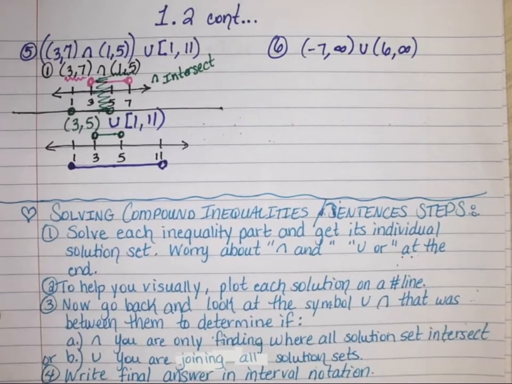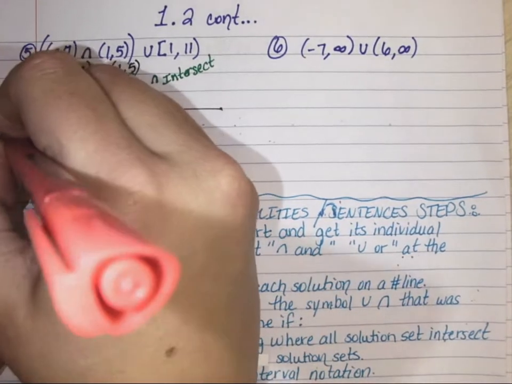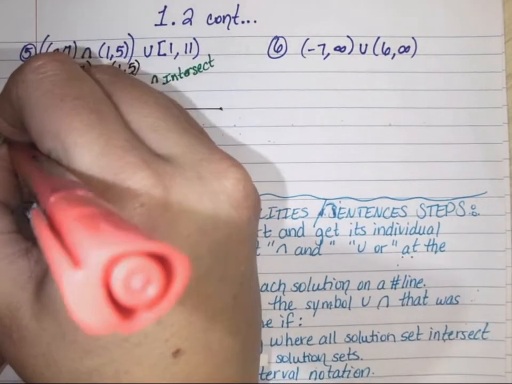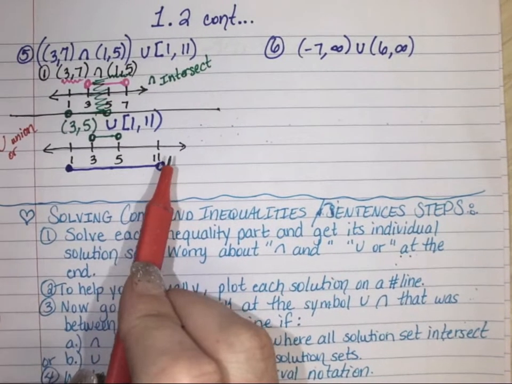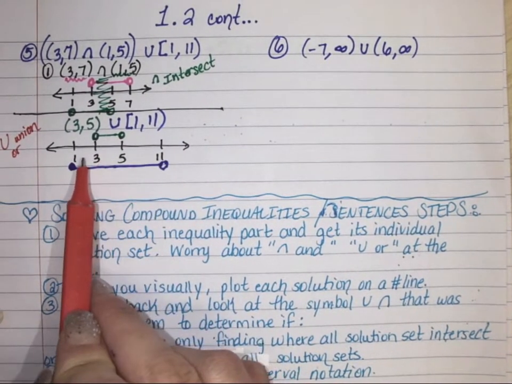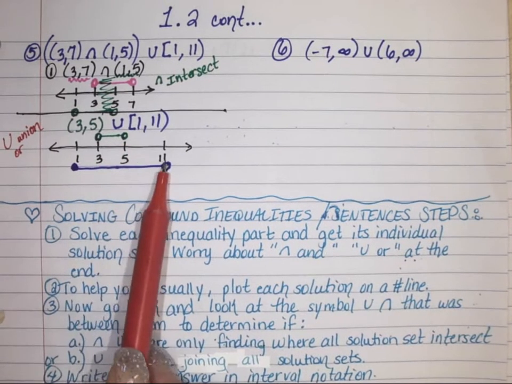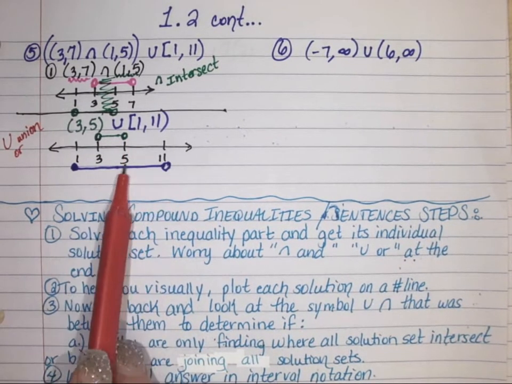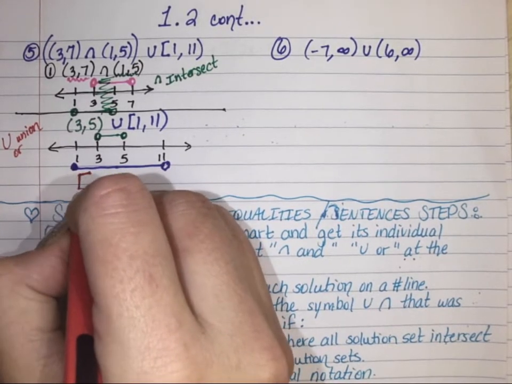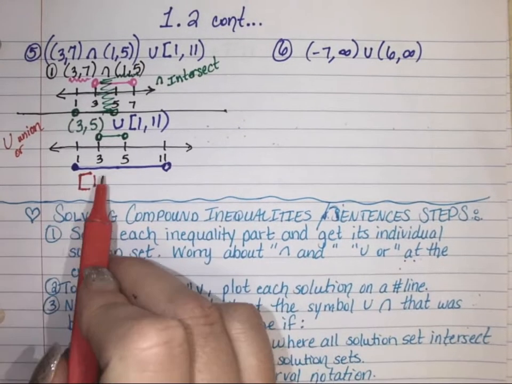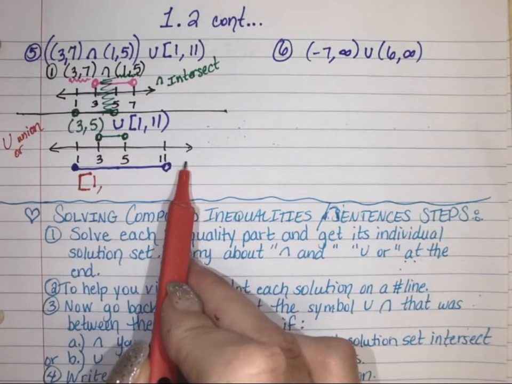So what you're going to do when you have an or, a union, you want to see the farthest left that any piece goes. So notice that either one of these is going left to 1. And then for any piece, you see how far either piece goes.